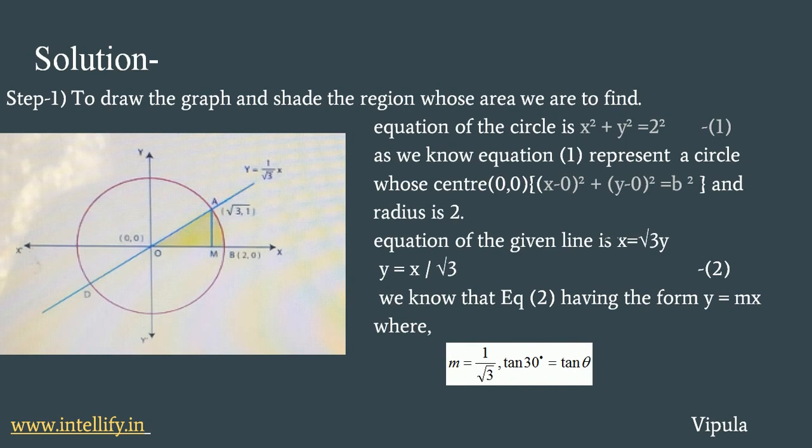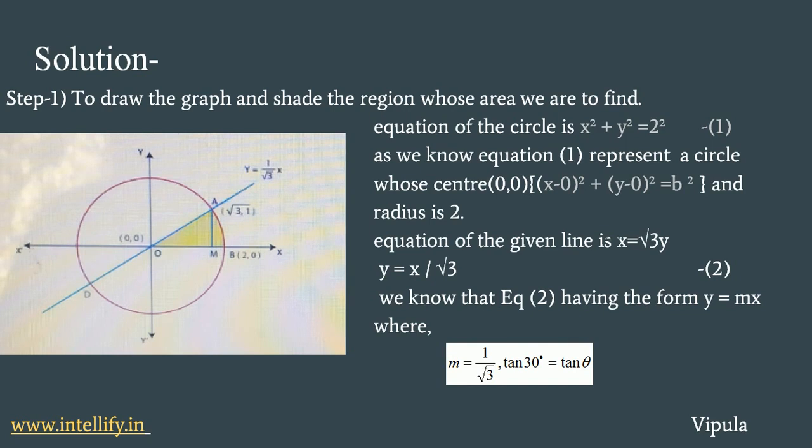We can write y equals x by root 3. So this y equals x by root 3 is equation number 2. We know that equation 2 has the form y equals mx, where m is the coefficient of x. So from equation 2 we can see that the coefficient of x is 1 by root 3.